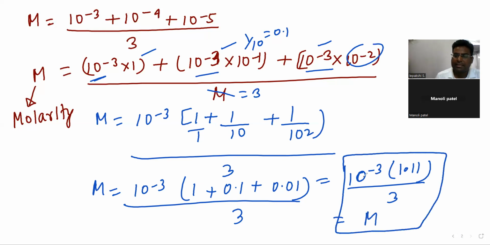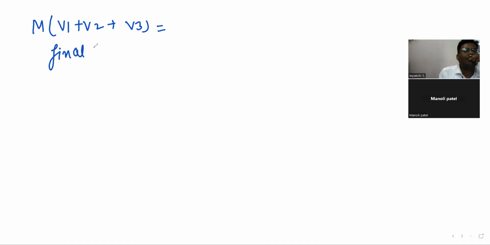Now see the next step. As we know, when solutions are mixed, the final molarity into V1 plus V2 plus V3 is equal to the initial, which is M1 V1 plus M2 V2 plus M3 V3.